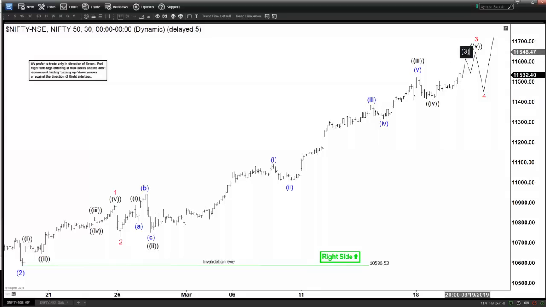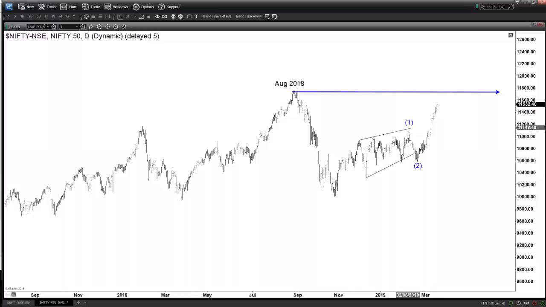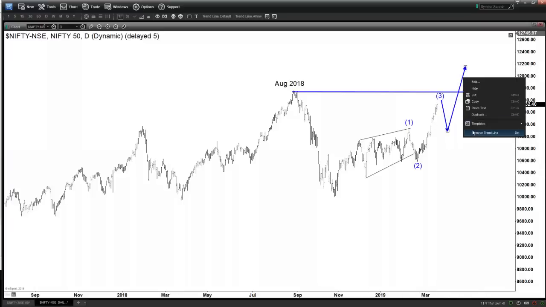We could have ended 3 in the blue, and then we can just adjust the internal count and then do a bigger pullback similar to this. So we could have done 3 in the blue here, do a bigger pullback in the 4, followed by more upside in the 5, which is another possibility.